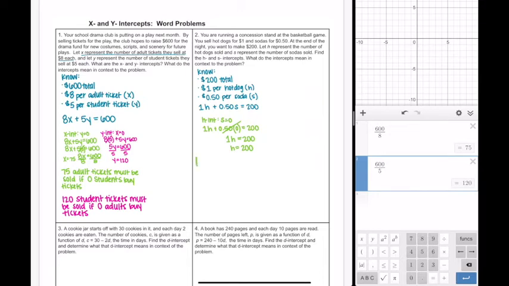Okay, so if no sodas are sold, you must sell 200 hot dogs to make $200.